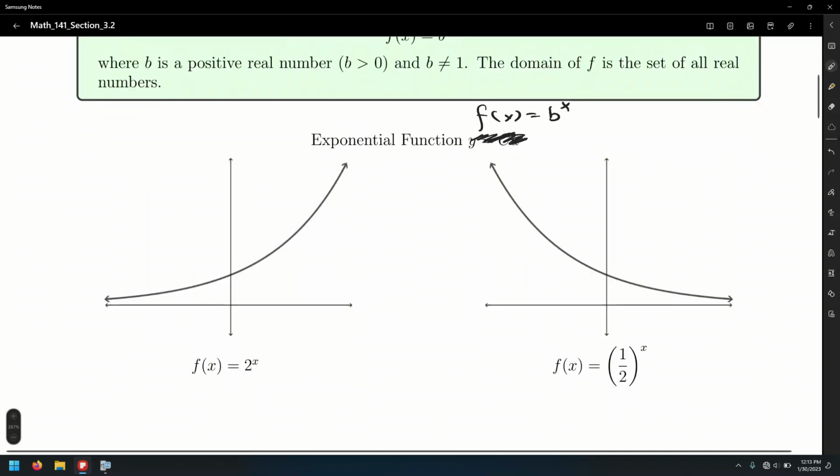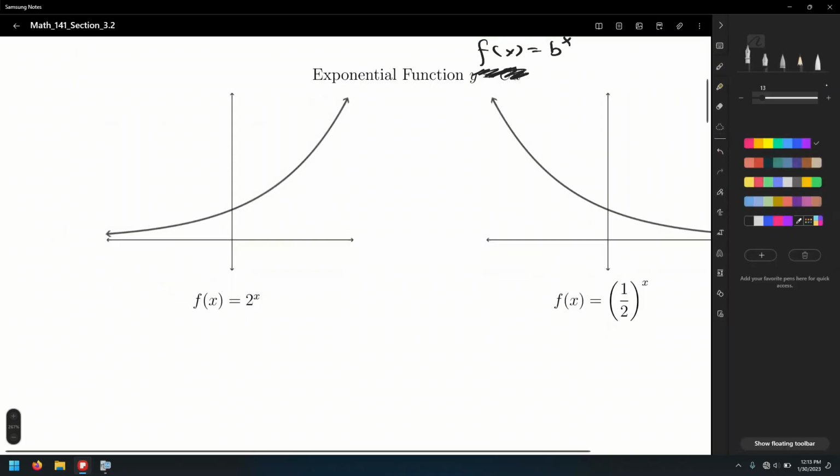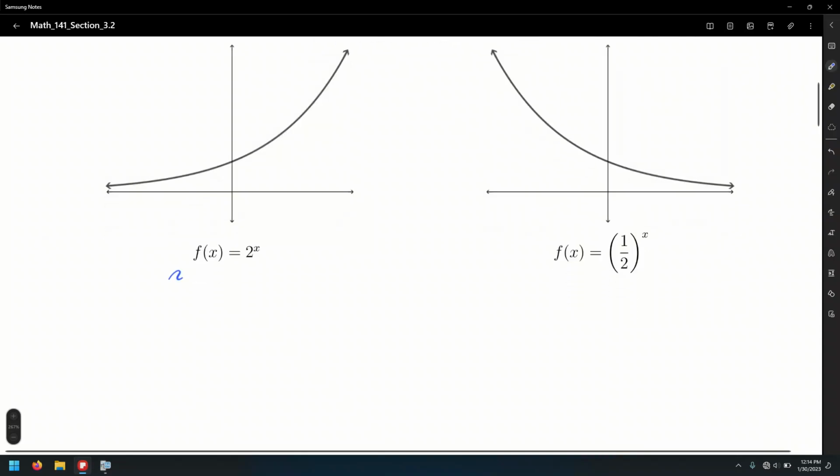So how do we make a distinction between this graph and that graph algebraically, first of all? Notice we have a number raised to a power x. How about we evaluate some values? For example, f of 0 is 2 to the 0 power, f of 1 is 2 to the first power, f of 2 is 2 to the second power, and f of 3 is 2 to the third.